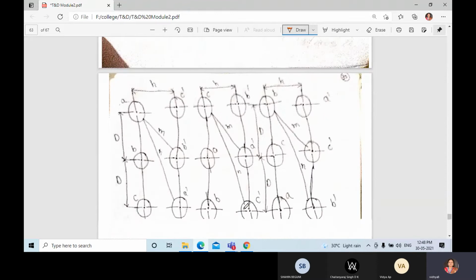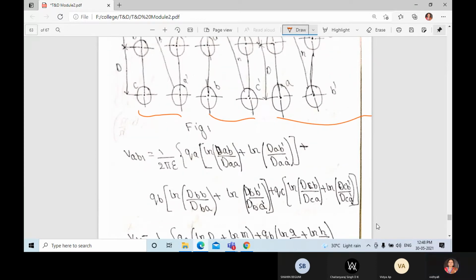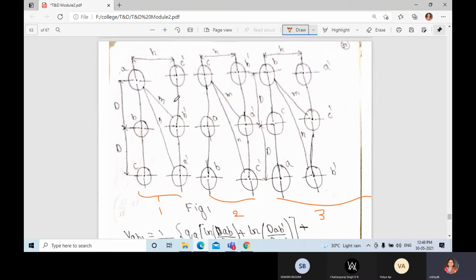In one complete transposition, this is the first interval, this is the second, and this is the third. Now you can observe the position of A is first, the position of B is second, and the position of C is third.